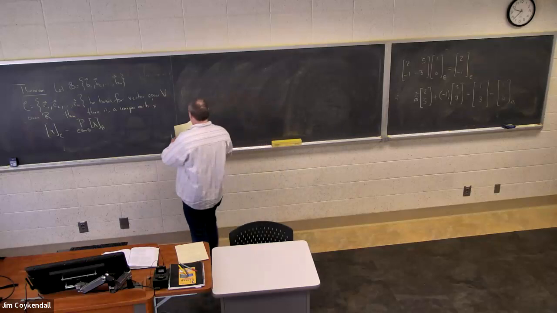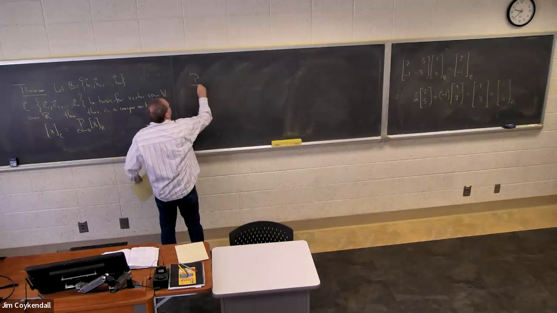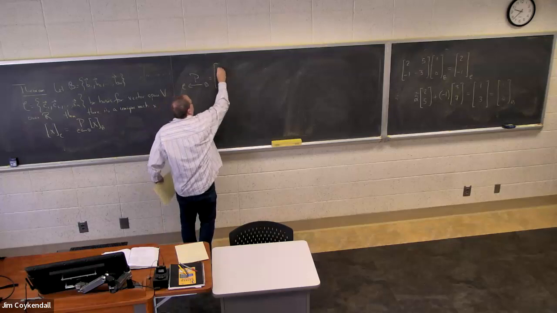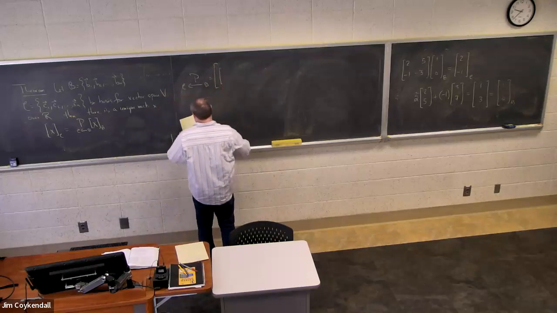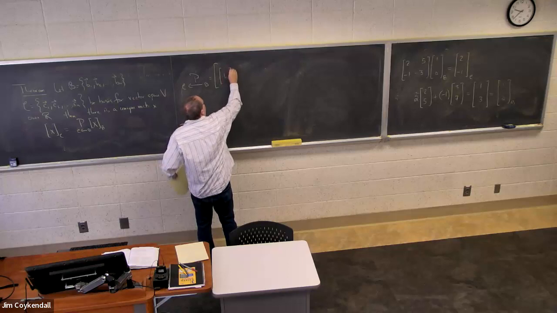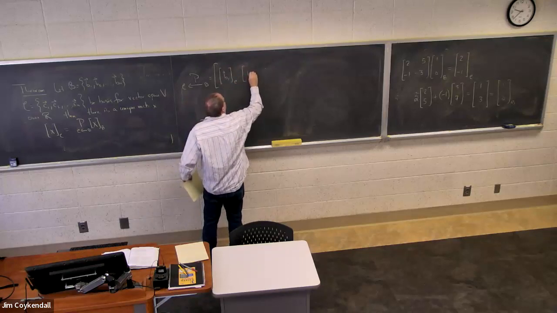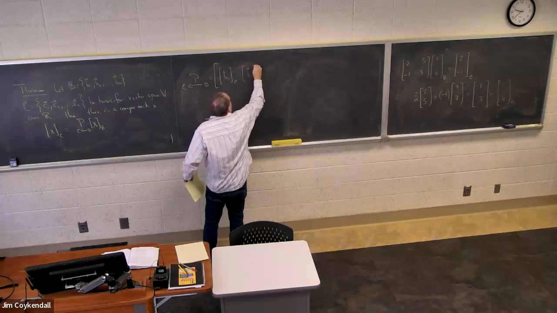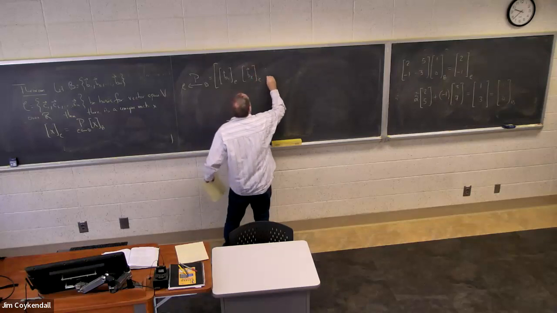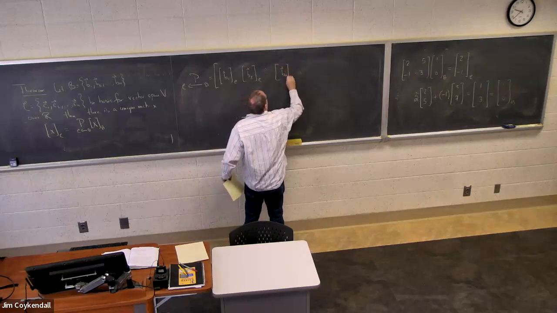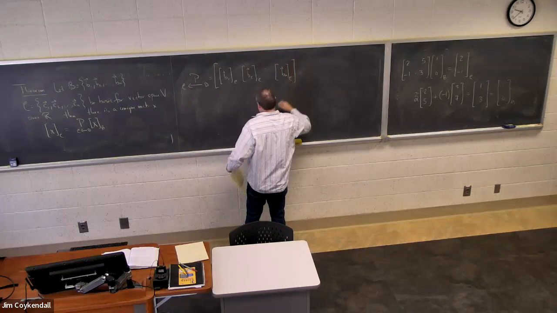For P, the columns are B1 in C coordinates, B2 in C coordinates, up through Bn in C coordinates.